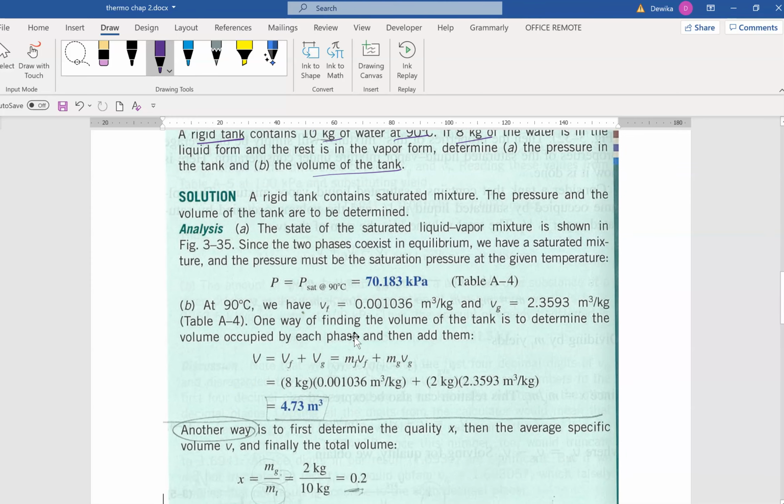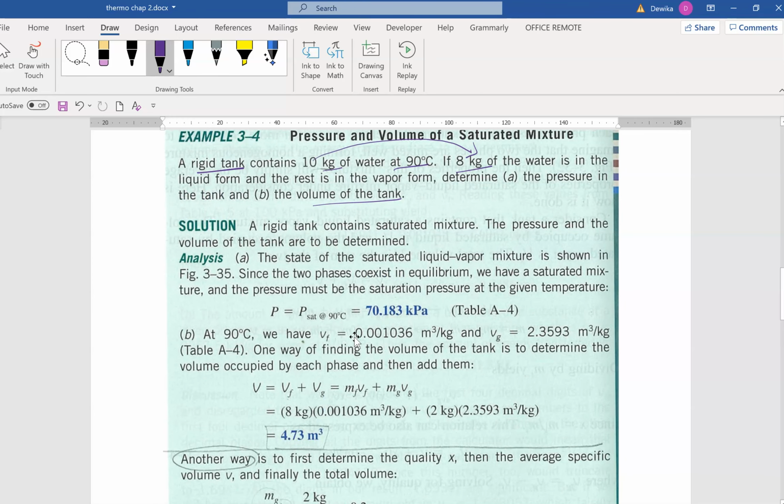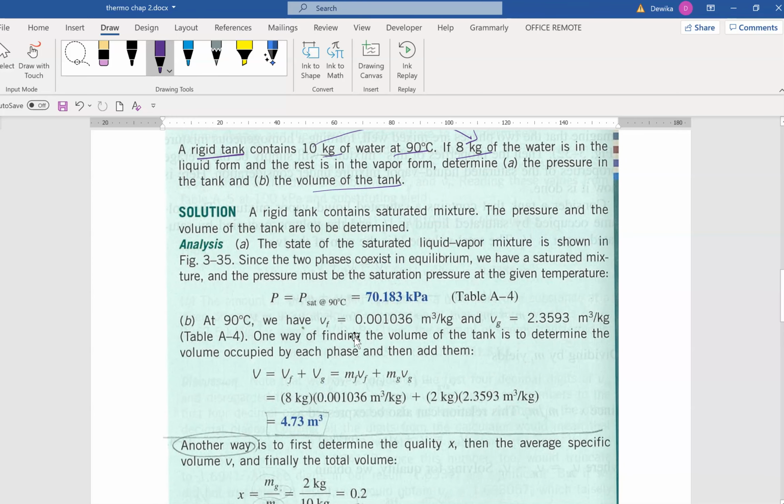So what do we have here? They want the pressure and the volume. So how do you find the pressure? A rigid tank contains a saturated mixture. So they have actually given you saturated, at 90 degrees.